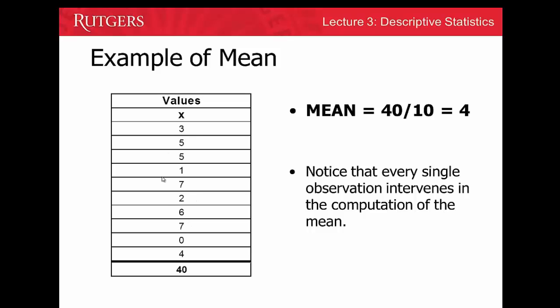Okay, and if you count, we can see that there are 10 records in the data set. So the mean of this data equals 40 divided by 10, which equals 4. So by calculating the mean, we use every single value in the data set.